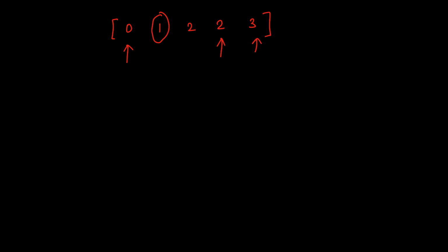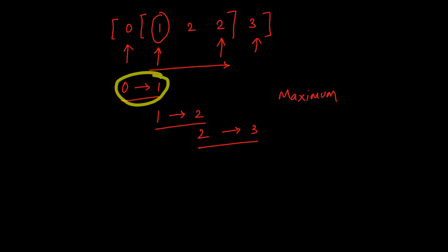It has to be next to each other. So if we want to put 0 in one basket, the other basket should have 1 in it. The same applies with other combinations. For this example, we could have a combination of 0, 1 in two baskets, 1, 2 or 2, 3. Between these three combinations, we need to look for the maximum length of the subarray and return that as our output.